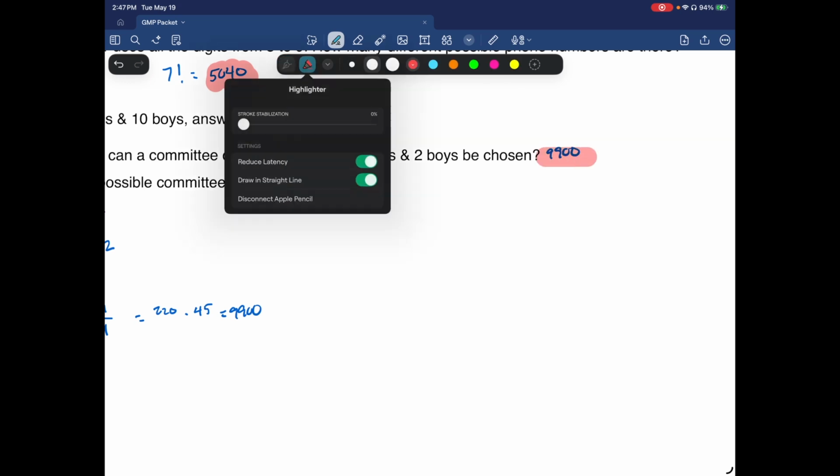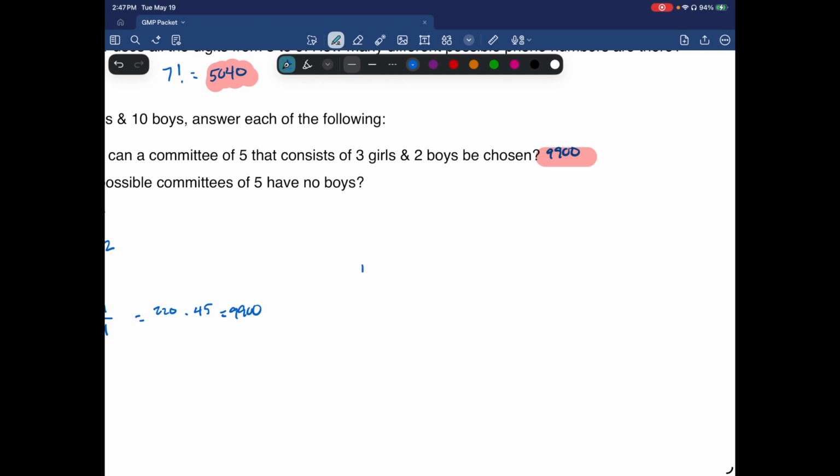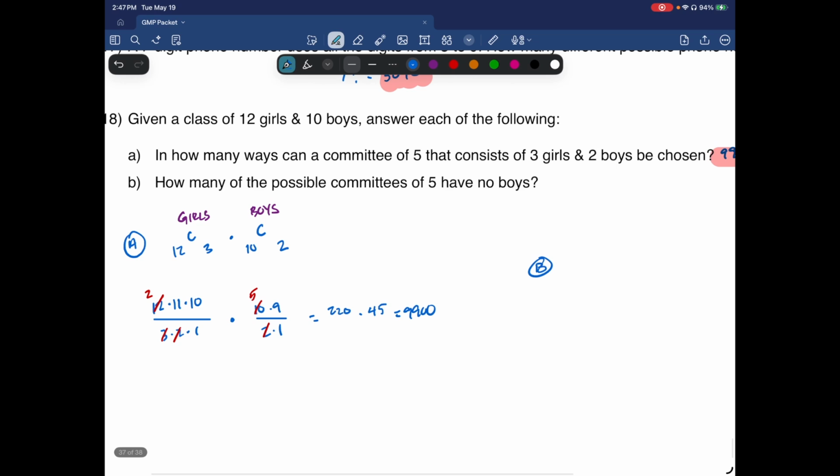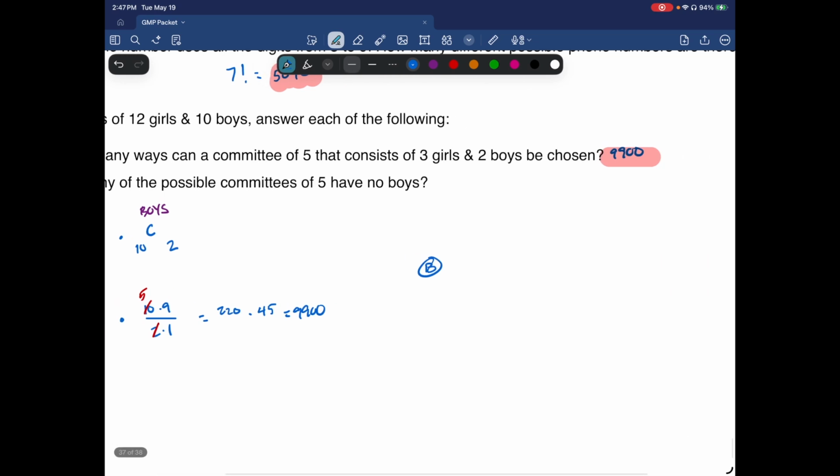Now for B, it says how many ways can you choose a committee of 5 and have no boys. So in this situation, I still have 12 girls, but I'm choosing 5. And for the boys, you have 10 and you're choosing none of them.